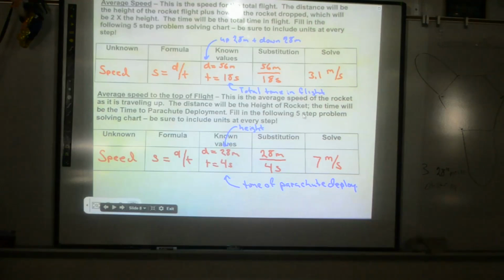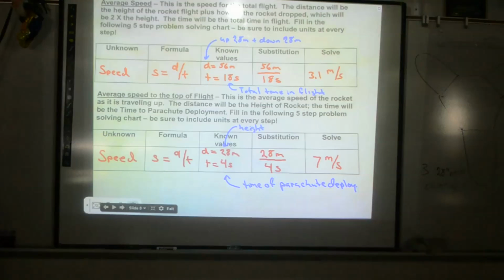Now, here's where you would say the speed at the top of the flight, at 7 meters per second, is clearly higher than 3.1 meters per second in your paragraph.